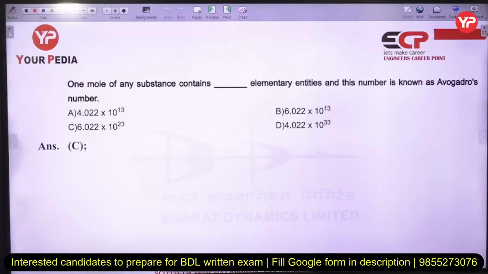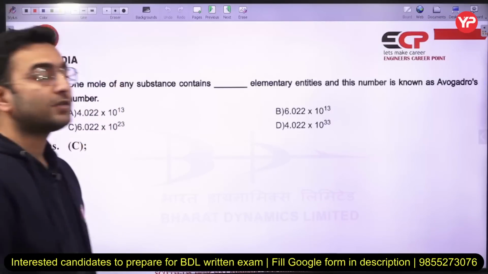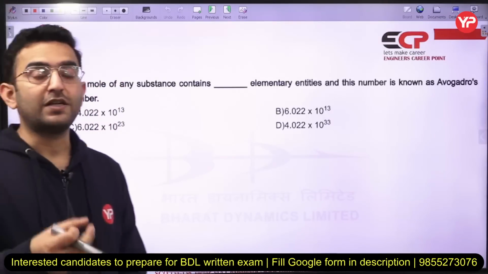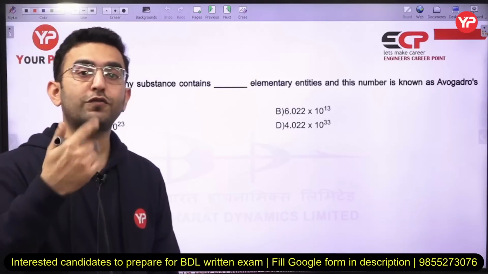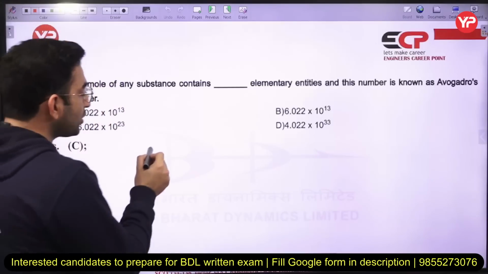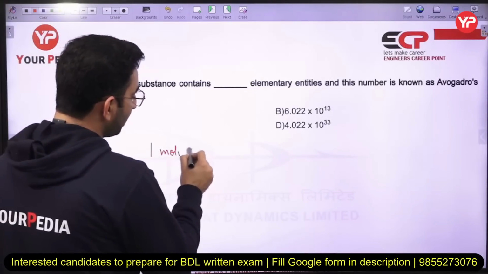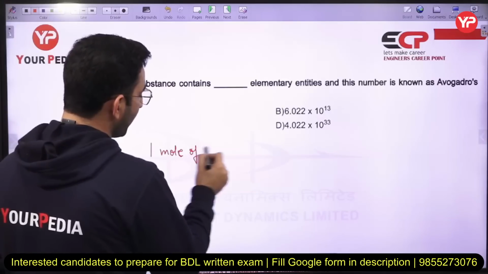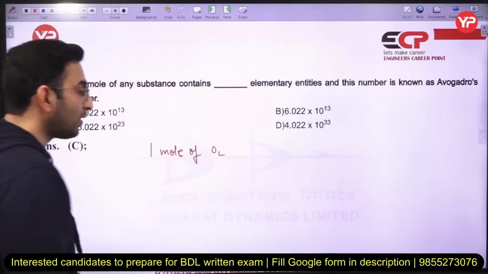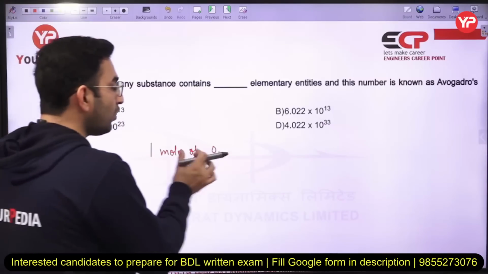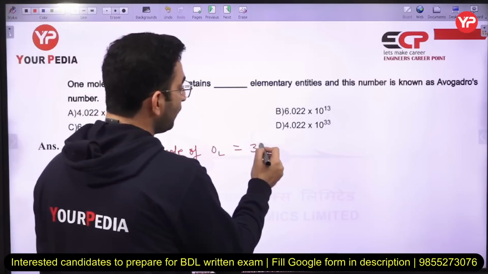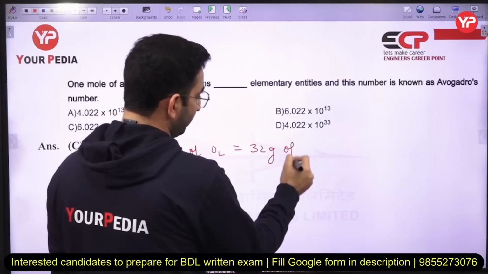Next part, 1 mole of any substance contains dash elementary entities, and this number is known as Avogadro number. See, Avogadro number represents the number of particles which are present in 1 mole of a substance here. And how do we define 1 mole of a substance? Let us suppose I talk about 1 mole of oxygen. 1 mole of oxygen consists of 32 gram of oxygen here.